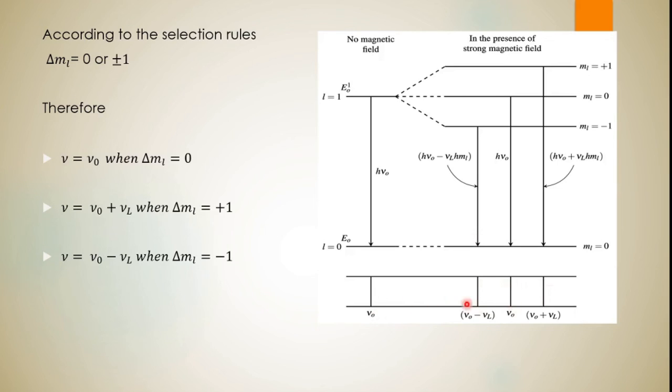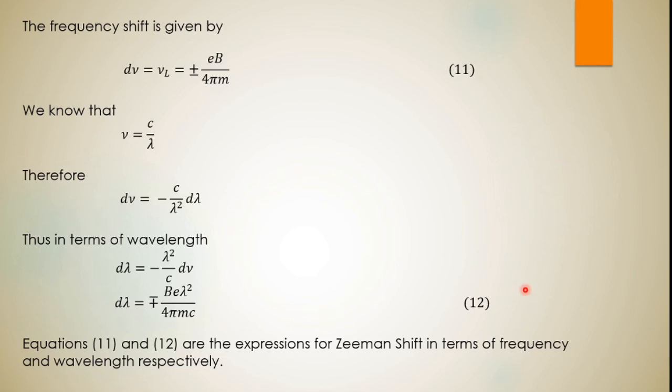Correspondingly, we have 3 spectral lines here. The single spectral line, in the absence of magnetic field, splits into 3 spectral lines which are equally spaced. The spacing between these spectral lines is called Zeeman shift.